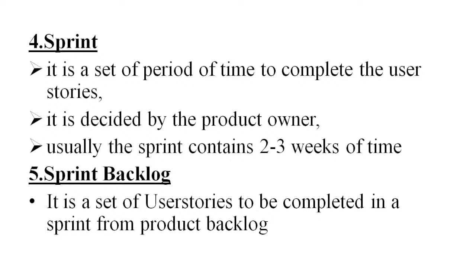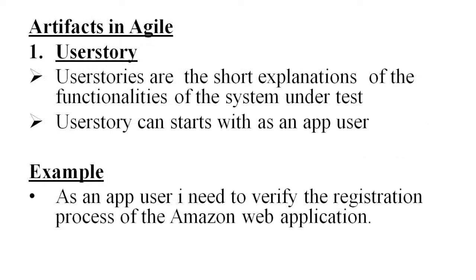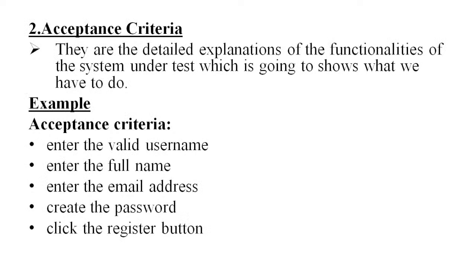The first one we discussed was the user story. User story means a short explanation of the functionalities of the system under test. As an example, as an app user, I need to verify the registration process of the Amazon web application. The second thing is the acceptance criteria. The short explanation is named the user story, while the detailed explanation of the user story is named the acceptance criteria.